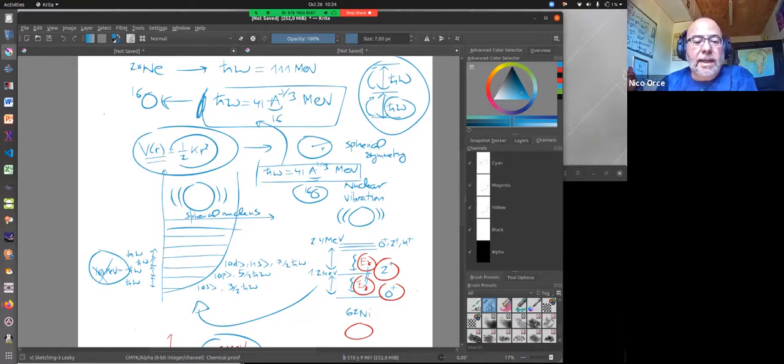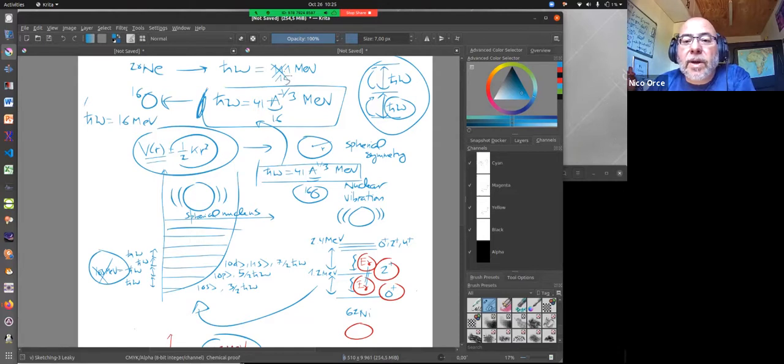So basically, for the oxygen 16, H omega is equal to 16 MeV, and this was wrong. So for neon 20, it will be 20 to the minus 1/3 times 41, which is 15 MeV, not 100.